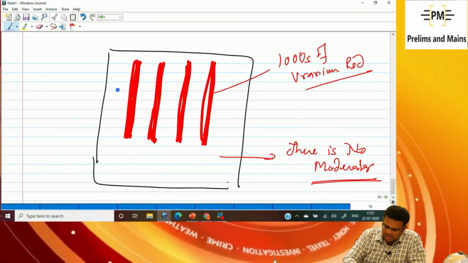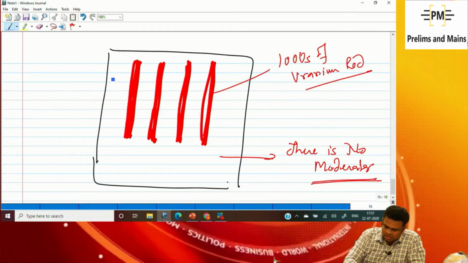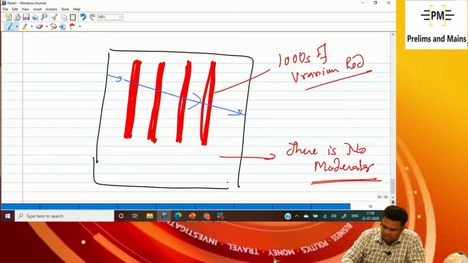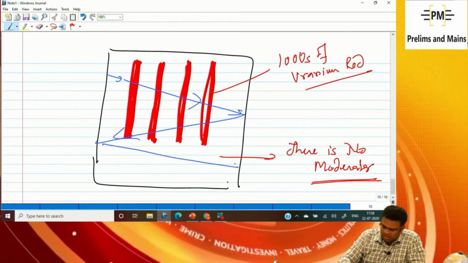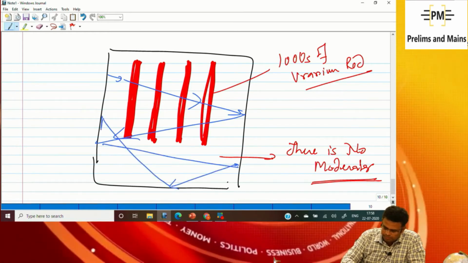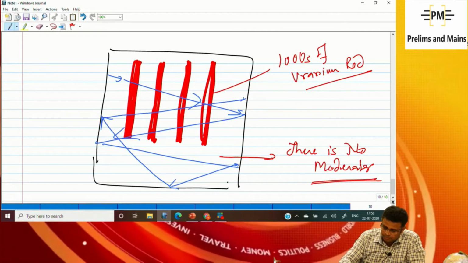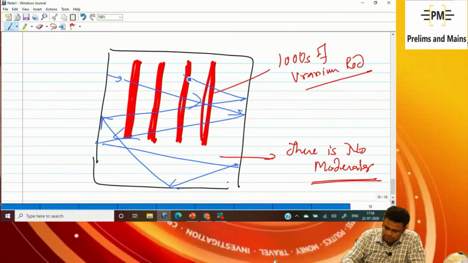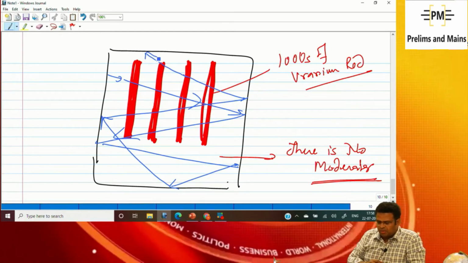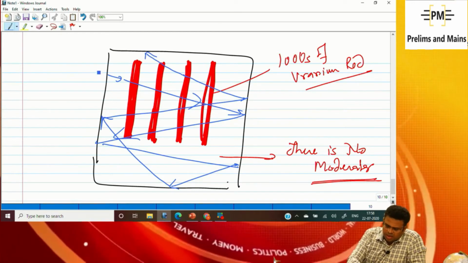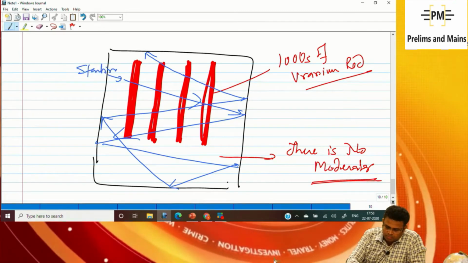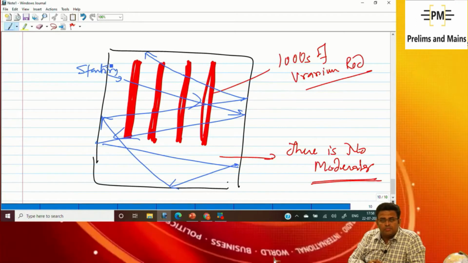Suppose a neutron starts moving, and here it is coming, and then here it is going. So you can see it is a starting point of the neutron, clear?